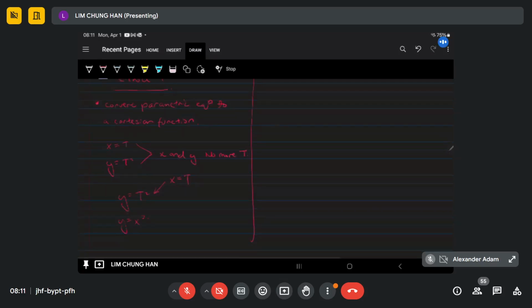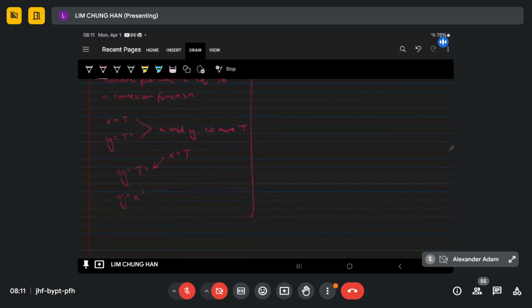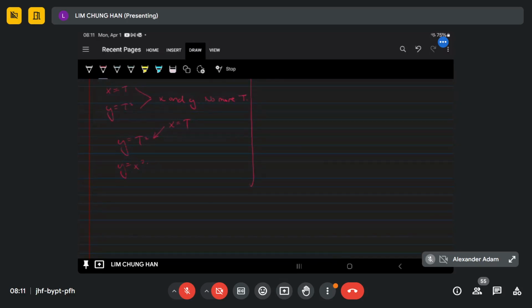Yeah, good. Thank you. Okay, finish. This one is simple, but obviously in tests and exams it won't be this simple. This one's just a simple example. So we've done it. We've converted the parametric equations into a Cartesian function.